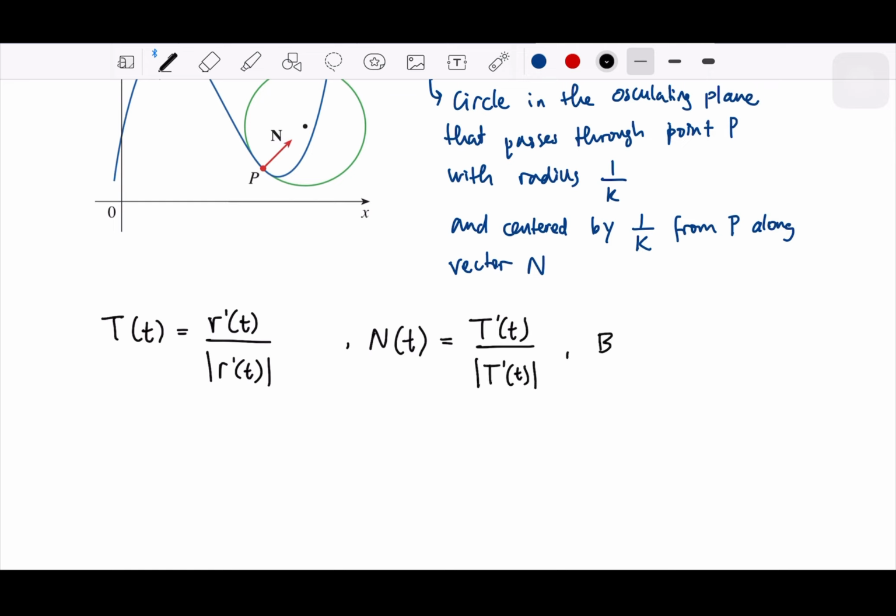And the binormal, which is defined as the perpendicular to both the tangent and the normal. So we can define this as T cross N.